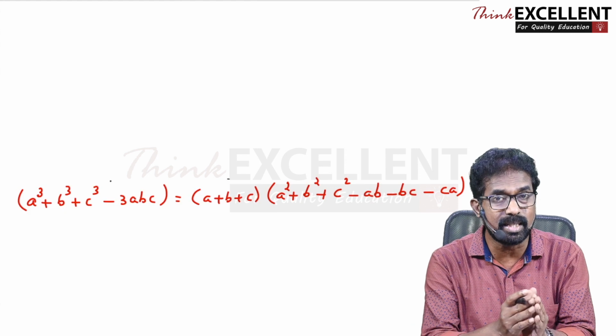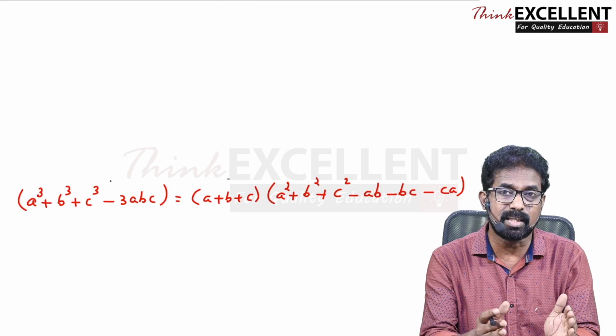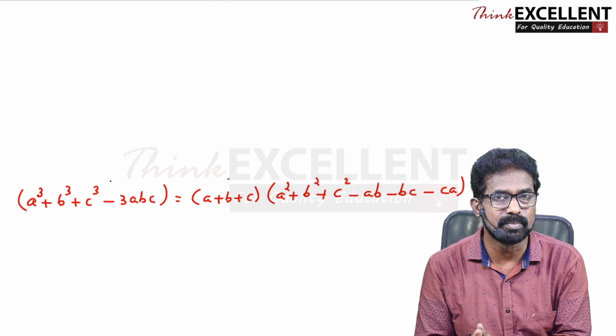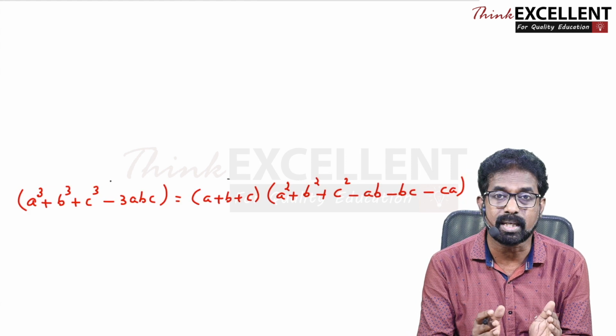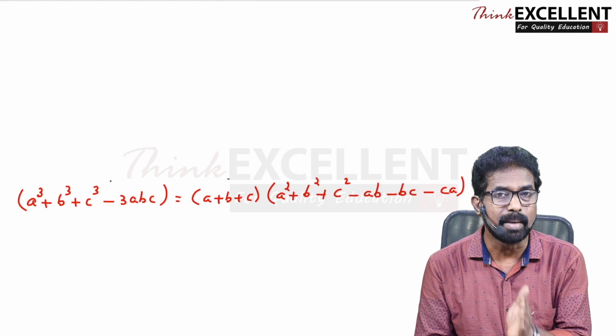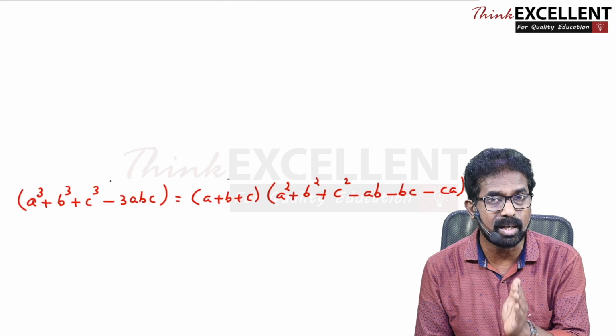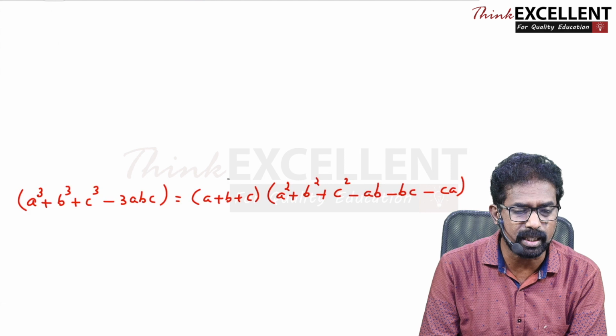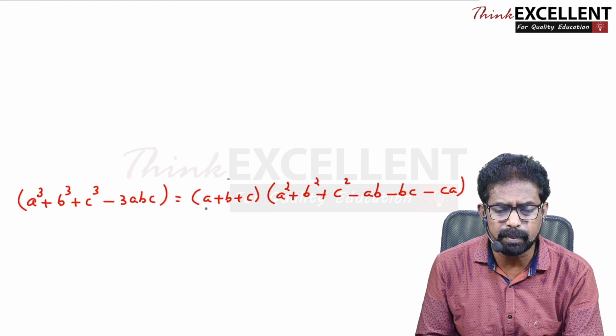The second factor, a little lengthy one, 6 terms. First 3 terms are squares, positive. Next 3 terms, negative, the ab terms. So in the bracket, what do you have? Second factor, a² + b² + c² − ab − bc − ca. Here also no 2ab, right? Only ab. And here one particular case I want to give. Suppose a + b + c is 0.